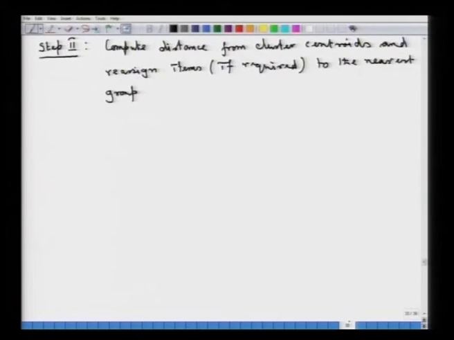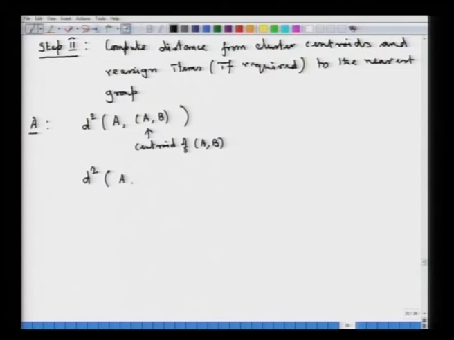So, let us look at what we are going to get here. Now, we are looking at the distance square of A from the cluster center, and by this I am saying that this is the centroid of AB. This is for case number A, right. So, we will look at the distance of A from its own cluster and the distance of A from the cluster center or the centroid of the CD cluster, right.